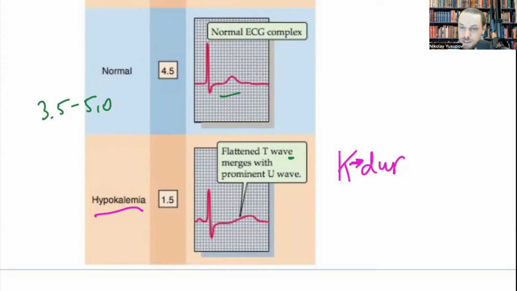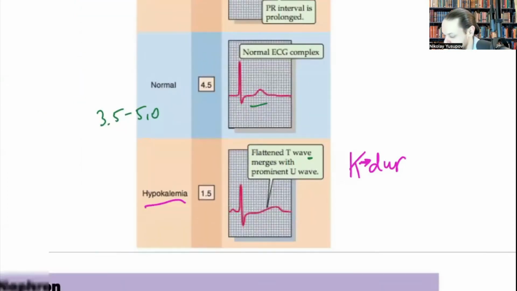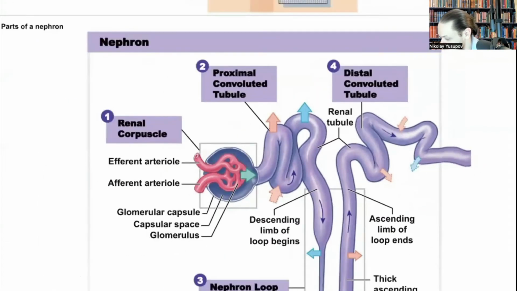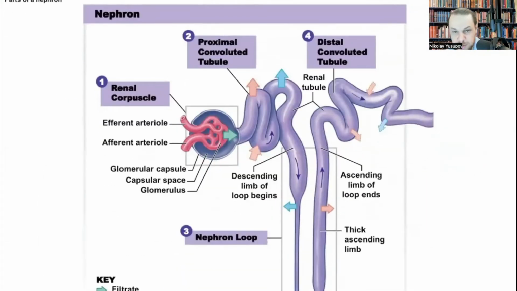We've got to give it very slowly, because if you give it too fast, you may cause the patient to go into arrhythmia and die. So give it slowly, and that's why we don't want to be at very, very low amounts, for this reason.